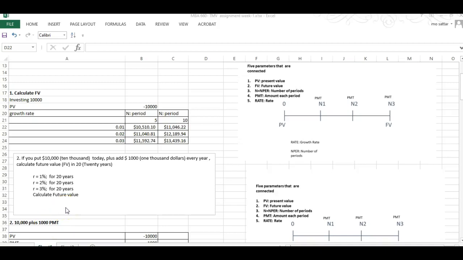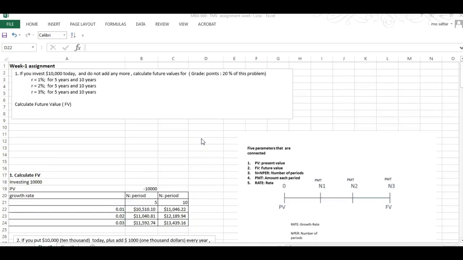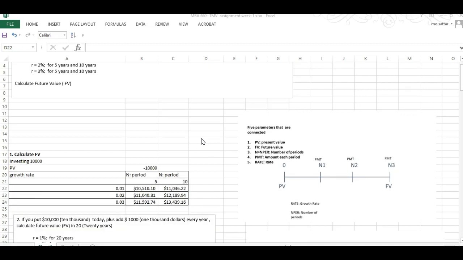Time value of money is an important concept when it comes to finance, especially when it comes to financial planning. In Excel, there are embedded formulas that will allow us to calculate parameters that we want to calculate.